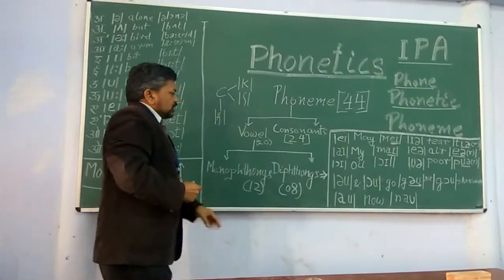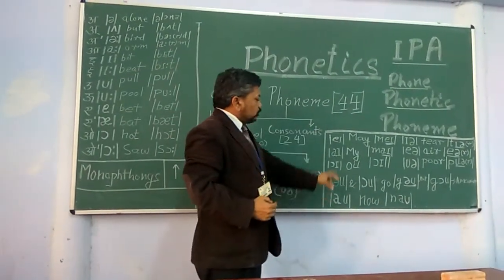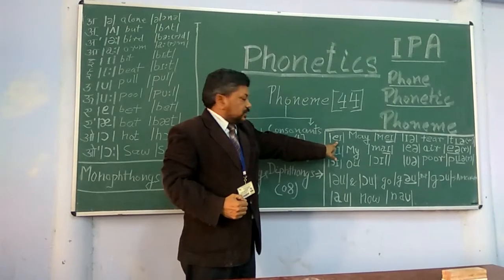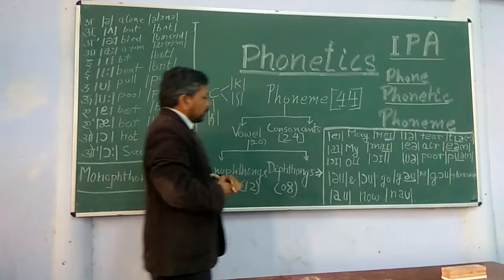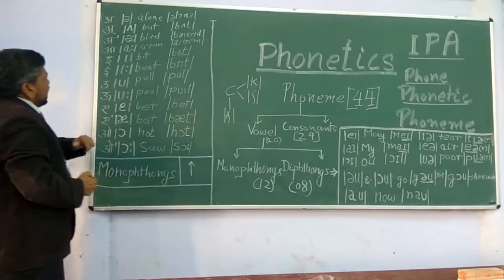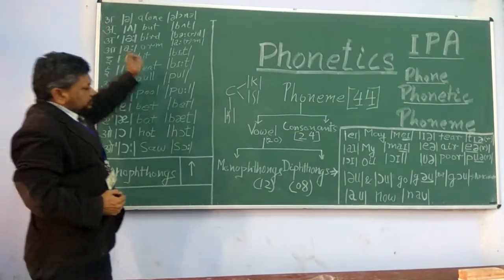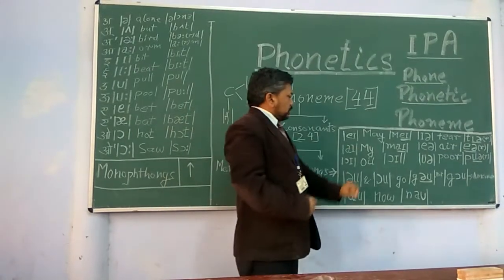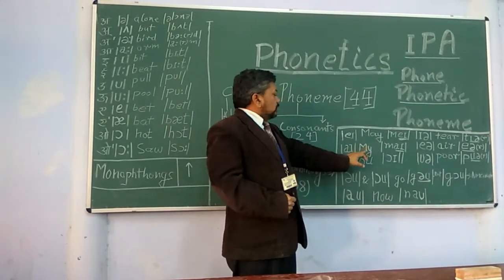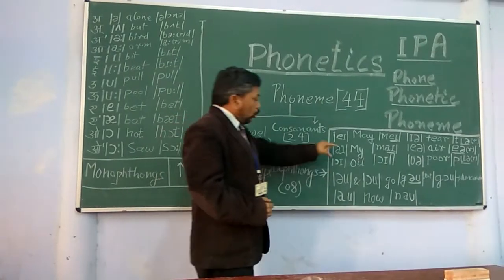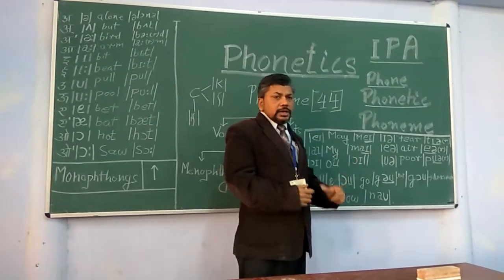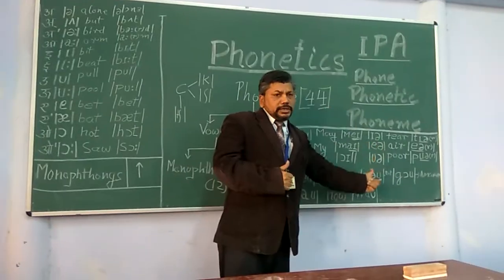Then similarly, three of the diphthongs you will find ending in E, A, I and O. A and E, my, die, then O and E, oil, soil, coil, toil.